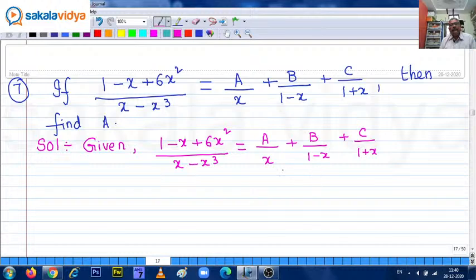If you take the LCM, you get same x minus x cube only, because (1 minus x) into (1 plus x) is 1 minus x square into x. So we get like this, x minus x cube. This will be the LCM.